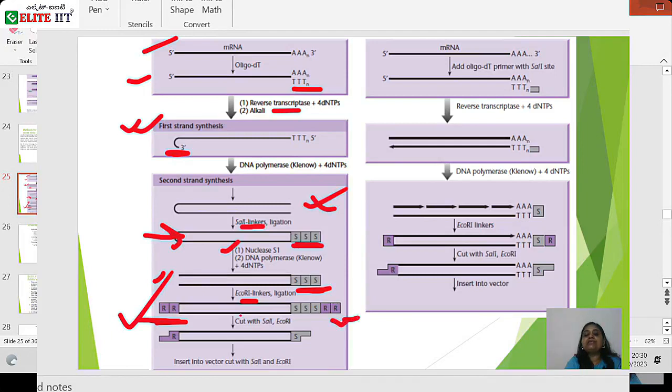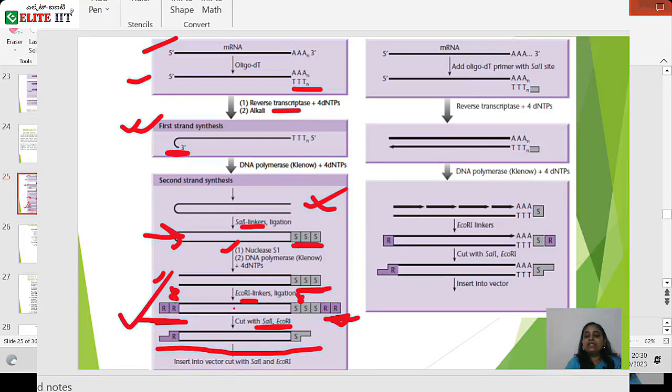Now, whenever you use EcoR1 plus SalI restriction endonuclease, what will happen? There will be a cut here, one cut here, these are removed and you can get this type of cut, so you can get this type of cohesive ends.